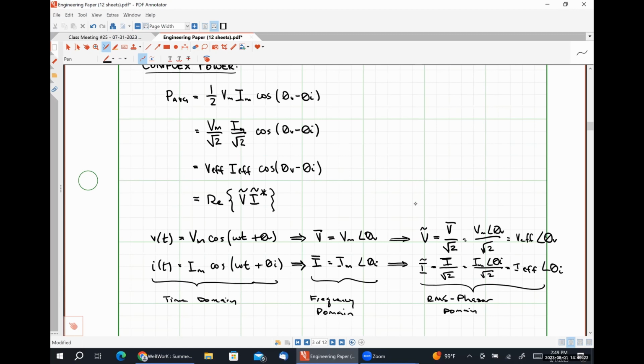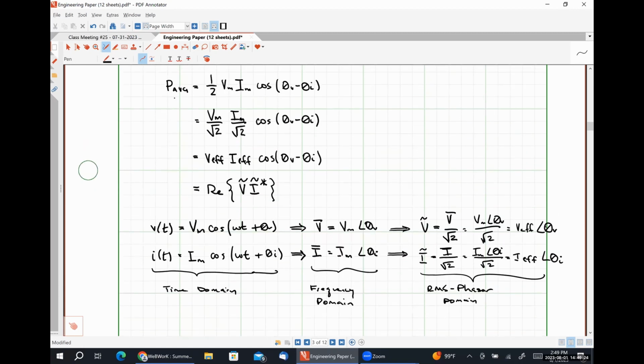Okay. So the average power using RMS phasor quantities is simply the real part of the operation where we multiply the RMS phasor voltage by the complex conjugate of the RMS phasor current.